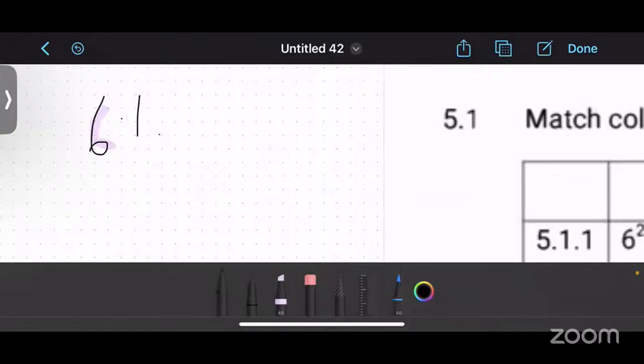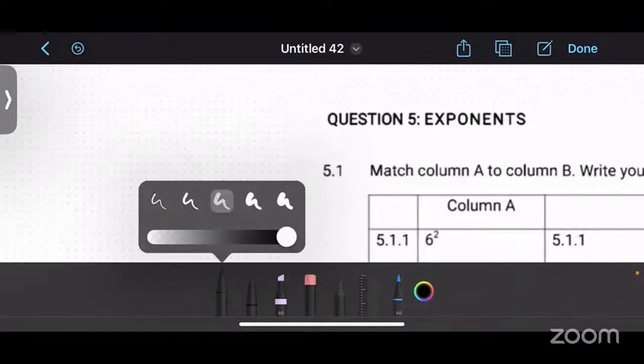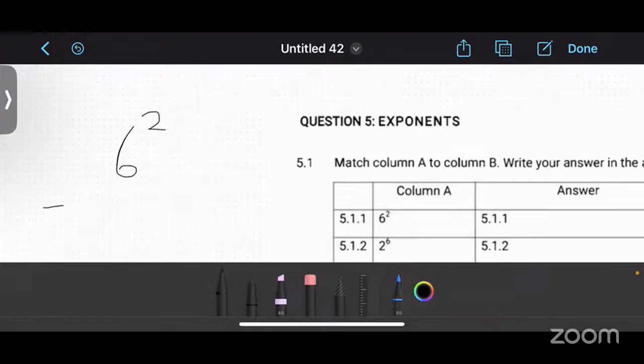Sorry, guys, not point, but 6 to the power of. I just want to write 6. 6 to the power of 2 is the same as 6 multiplied by 6. Okay.